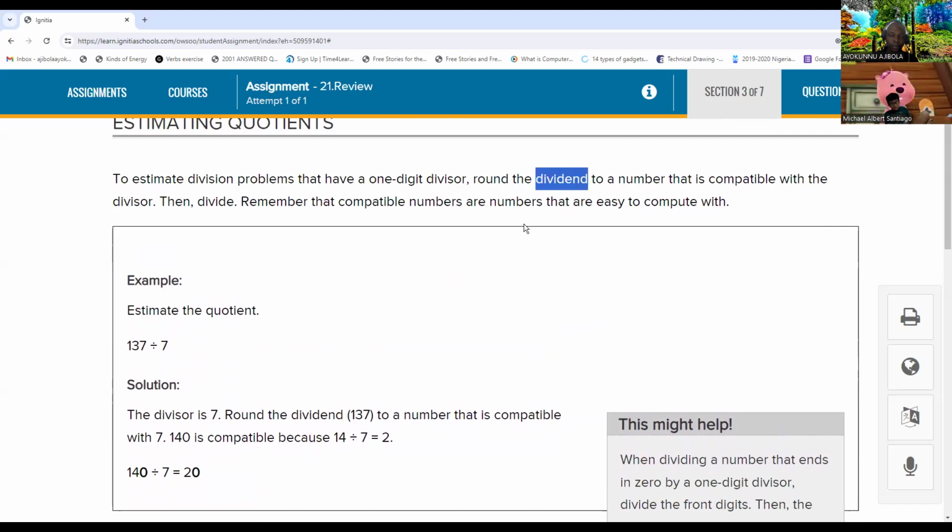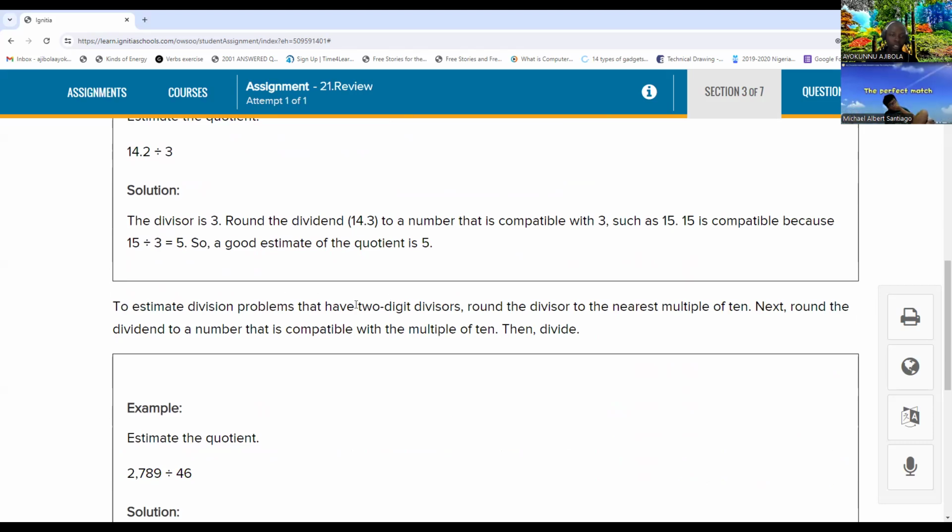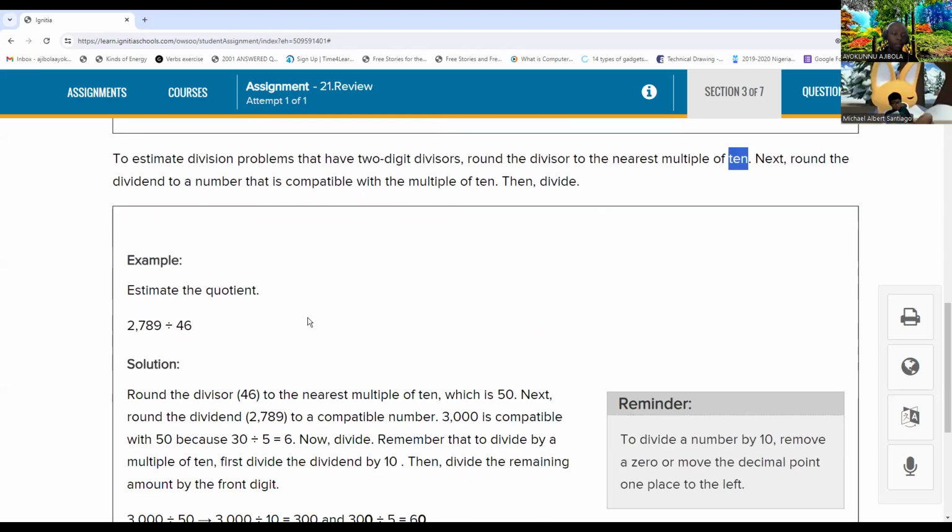Is that clear? You're going to round up the number you are dividing. But when you have 2-digit divisors, it is the divisor you're going to round up to the nearest multiple of 10. Next, you now round up the dividend to a number that is compatible with the multiple of 10, then divide. Let's look at this.